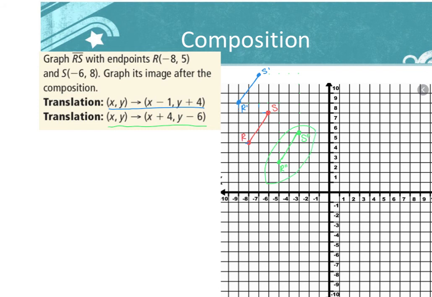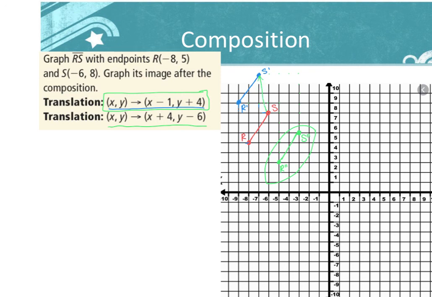So guys, realistically, all we learned today are translations, and one thing that I didn't really go over was that this is how translations are written in terms of a rule. Okay? So you just write like X, we're going to subtract 1 from that coordinate, and then we're going to add 4 in the Y direction. You can also write it as a vector. So remember how we were figuring out what the rule was?